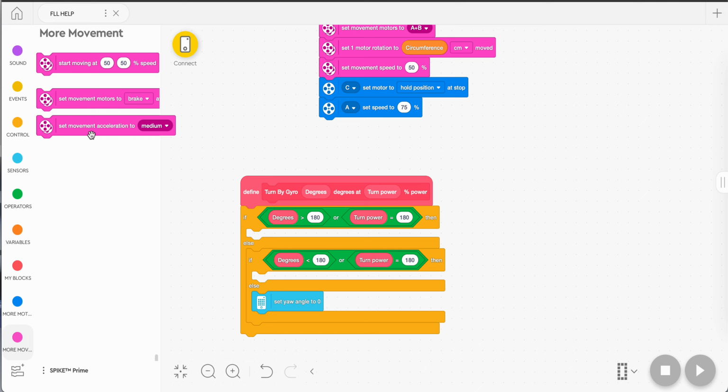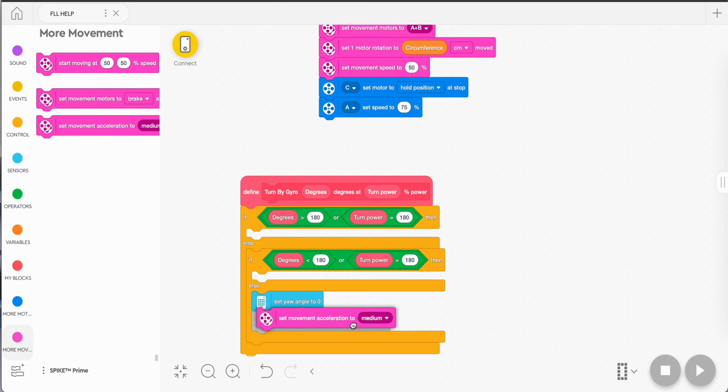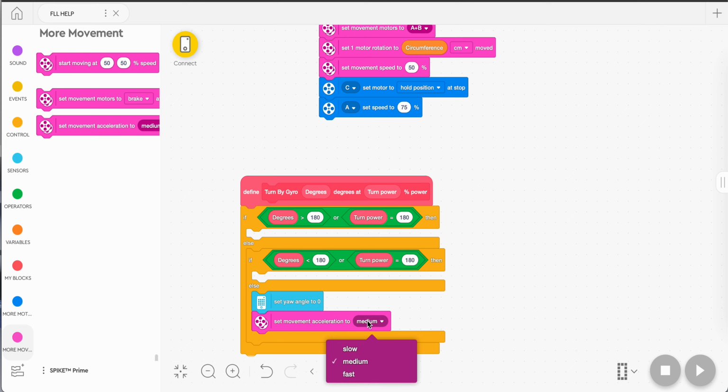Now if this is spike, then you want to grab something that says set movement acceleration to medium. Put that under there. Don't set it to default, set it to slow, so then it's more accurate, and it's very smooth.